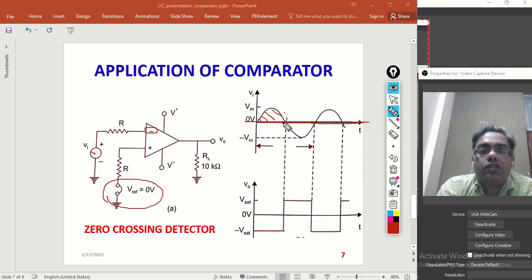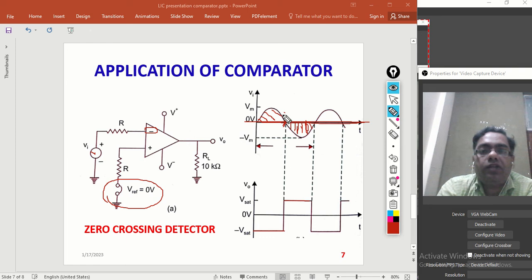Now when this 0 is crossed, the input signal becomes less than V reference. In this region, the input signal is less than the reference, so the output will become plus V saturated. And in this way it goes on.